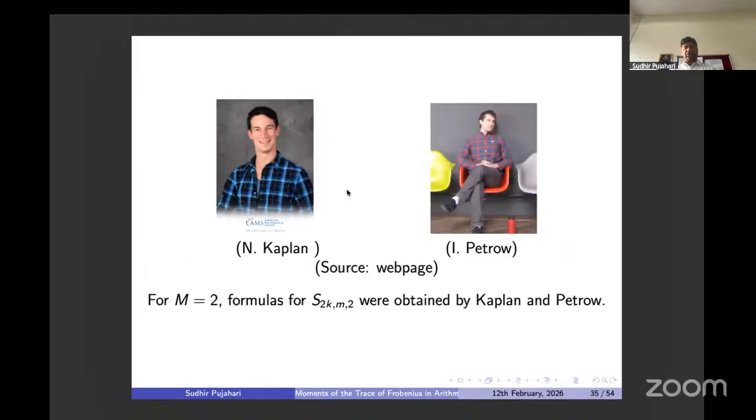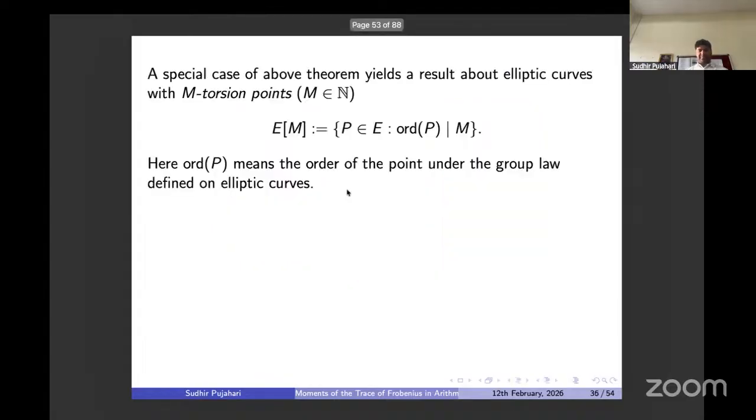And for M equal to 2, this was studied by Kaplan and Petrow. In one of their papers, they had some application of this in coding theory. So this does have application in coding theory and possibly in cryptography as well.